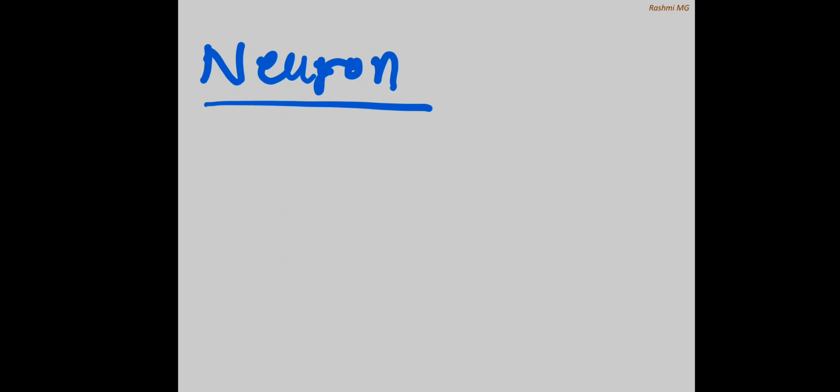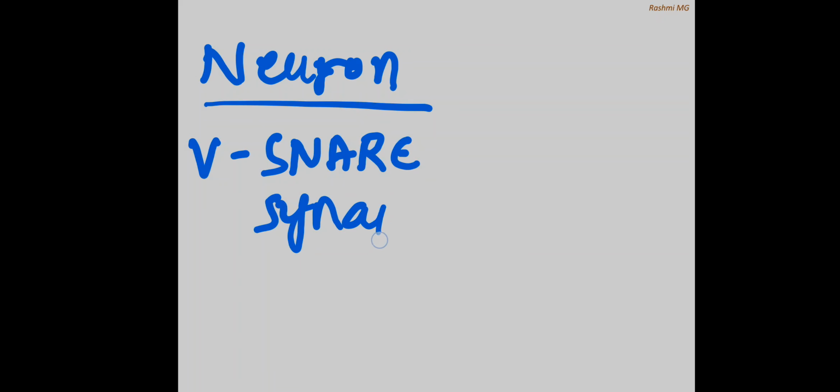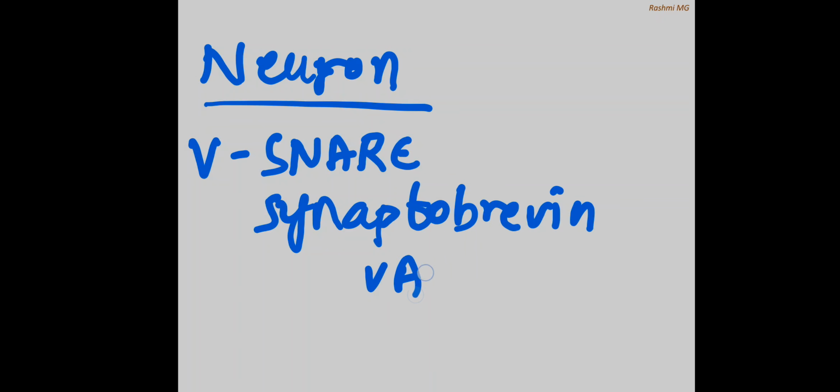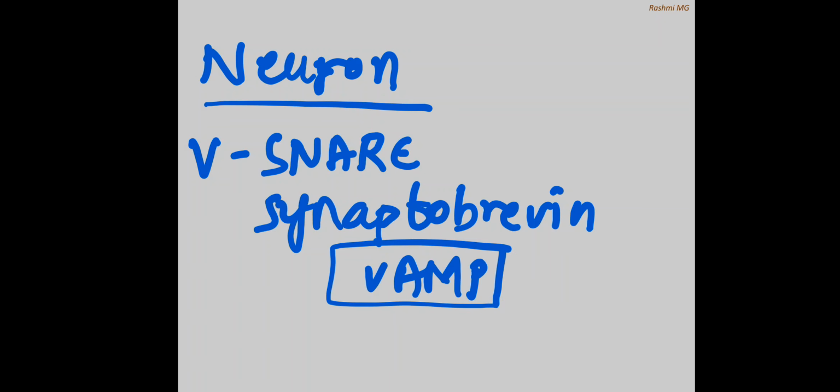In neurons, there is a particular V-SNARE and T-SNARE, and there is a particular name for them.